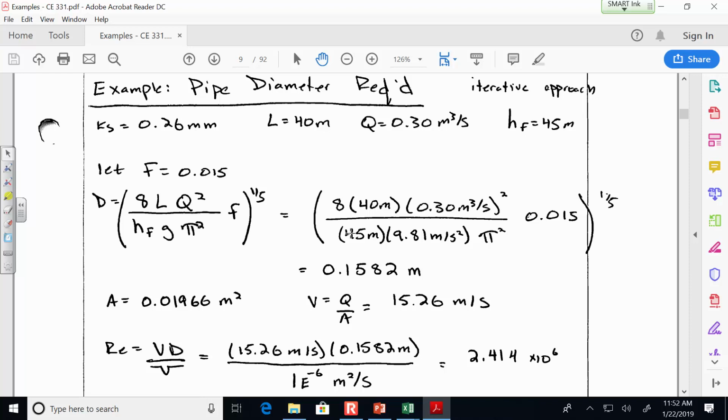And so we'd use the Jain equation to check F. Okay, so the newly updated F value is going to be 1.325 divided by the natural log of K sub S over D, so that's 0.26 millimeters divided by 3.7 times the diameter of this pipe, which is 158.2 millimeters.